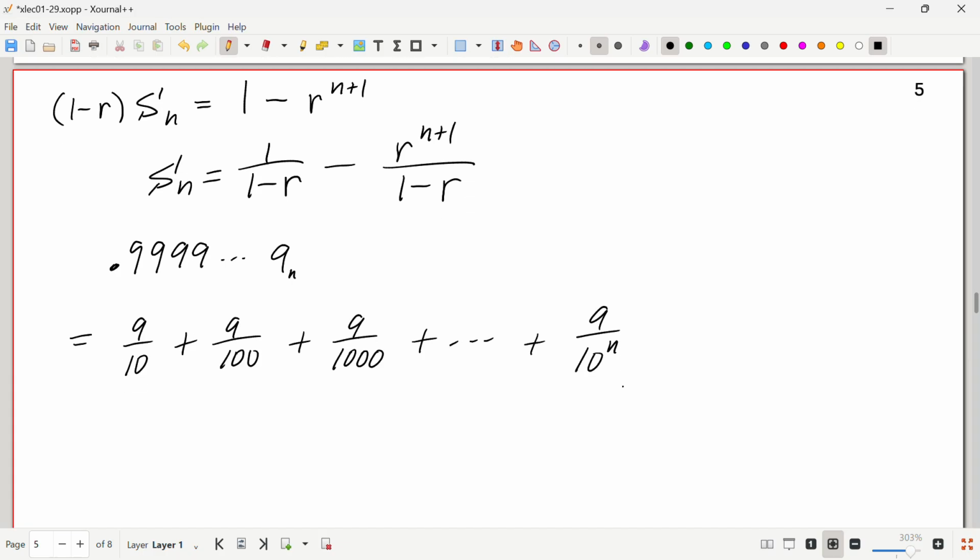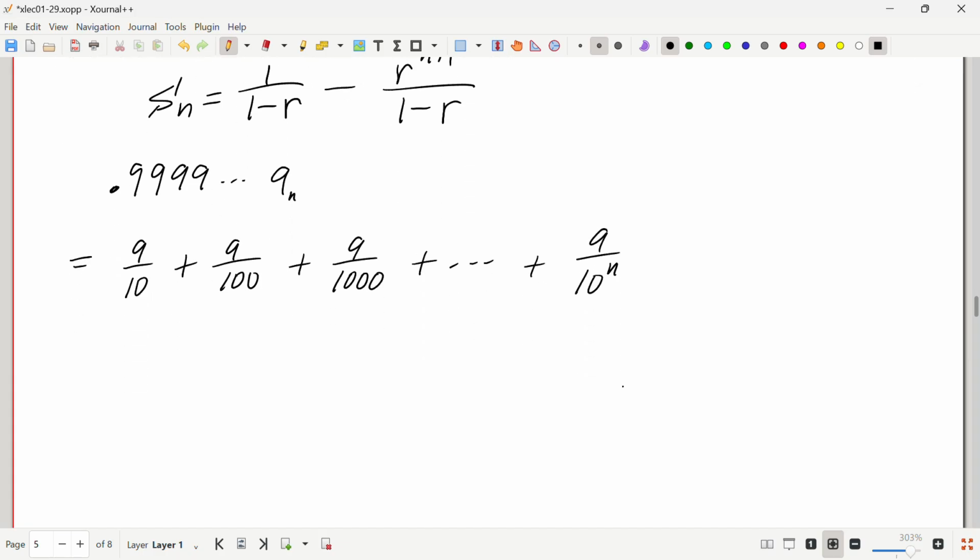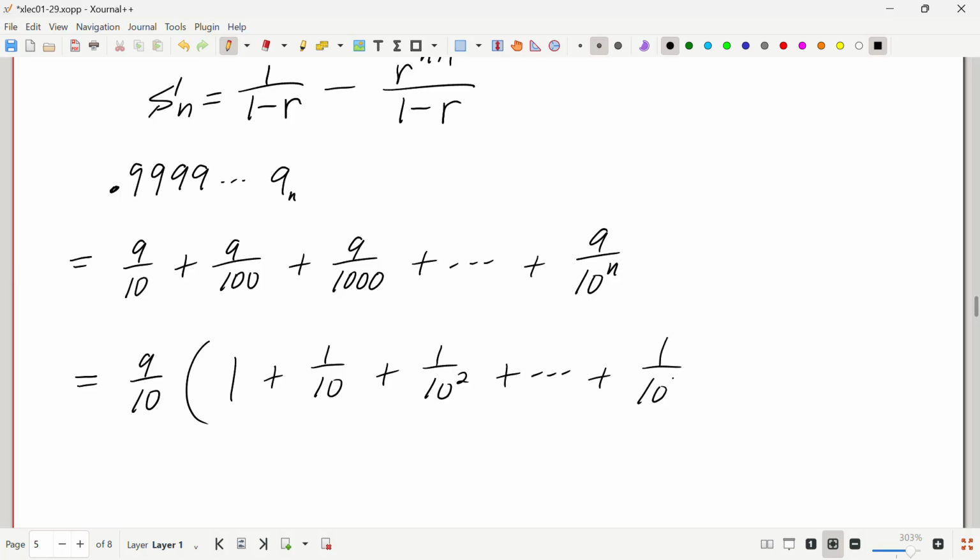And now that we know this formula for the sum of a geometric series, let me do it. I'll pull out the 9/10. That's 9/10 times 1 plus 1 over 10 plus 1 over 10 squared plus dot dot dot plus 1 over 10 to the n minus 1.